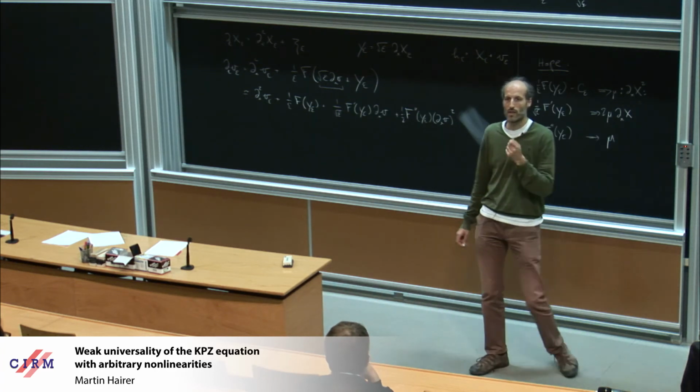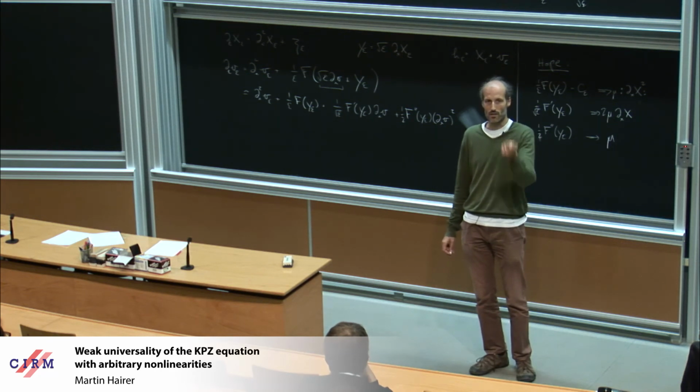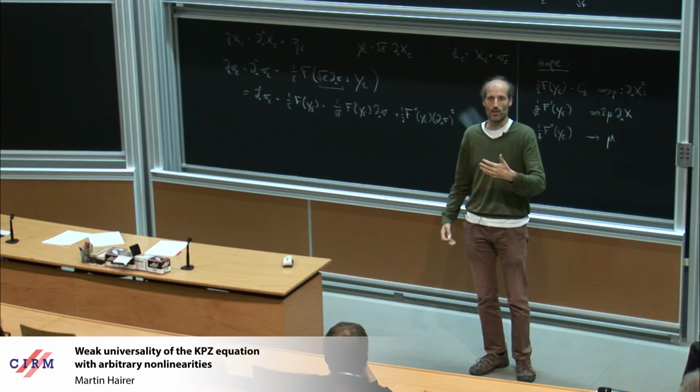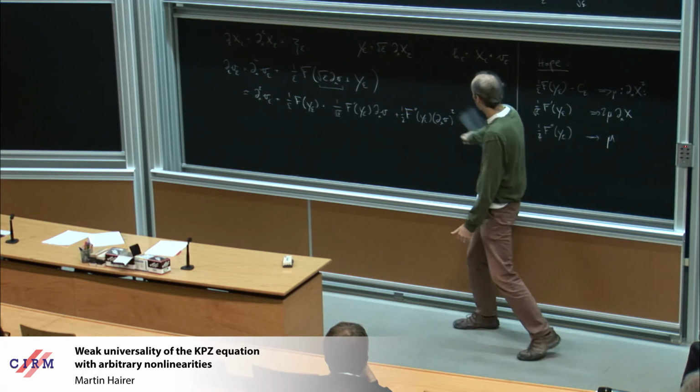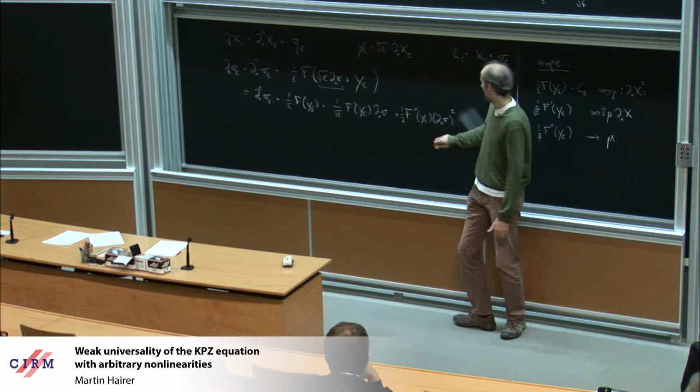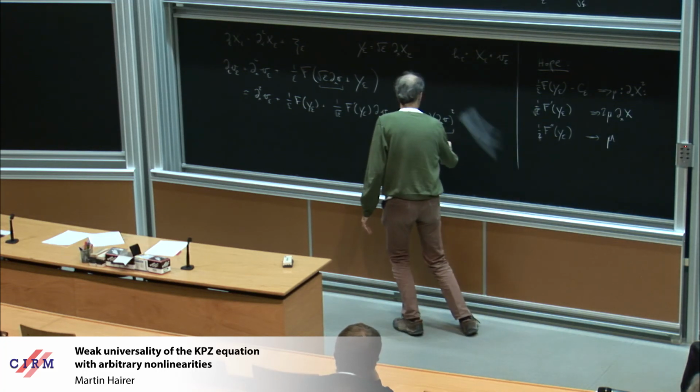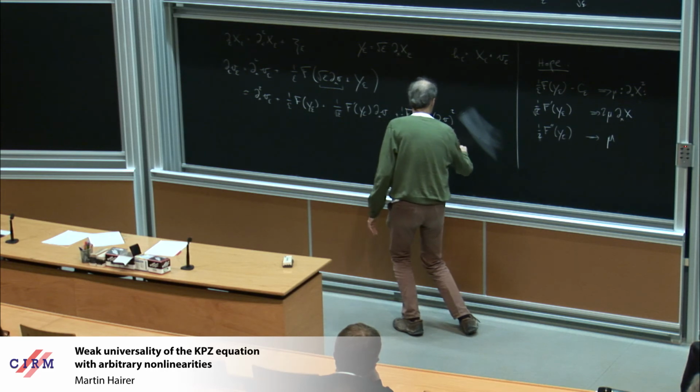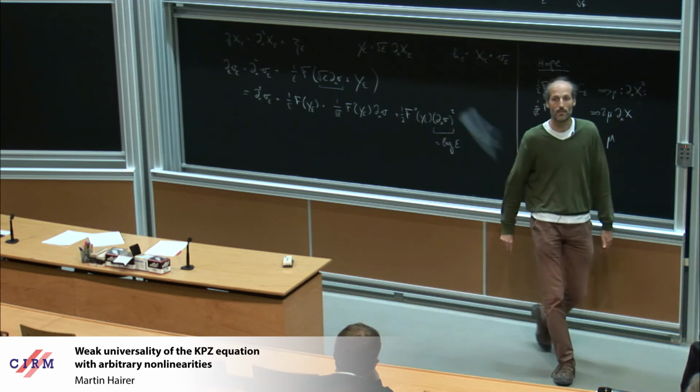Right? So the solution to the KPZ equation locally looks like the solution to the stochastic heat equation, but the remainder has more regularity, but it's still not differentiable. So in particular, this guy itself actually behaves like log epsilon, as epsilon goes to 0.